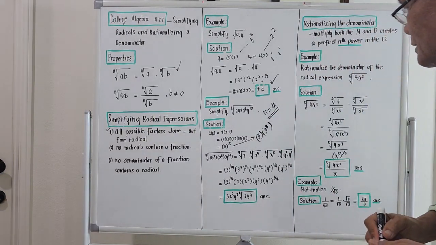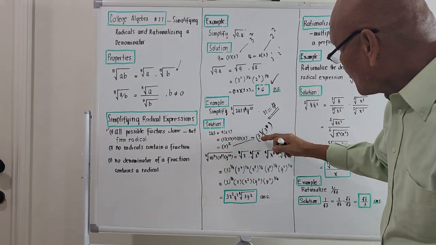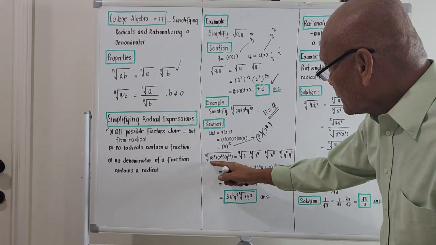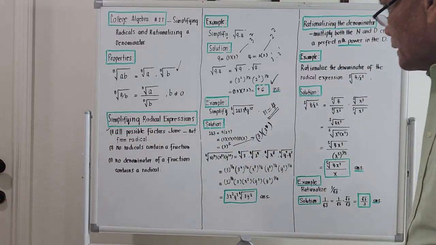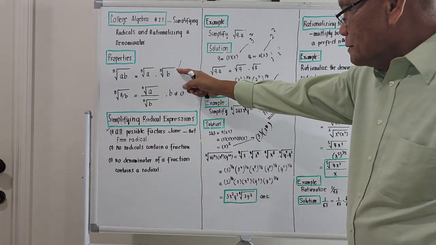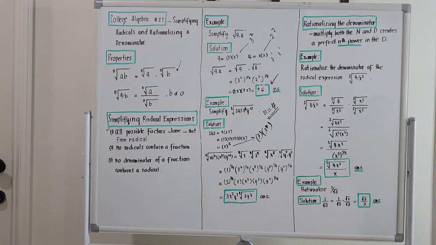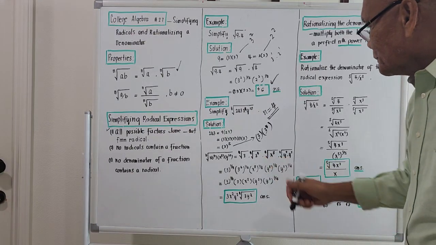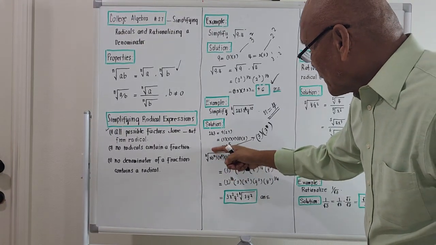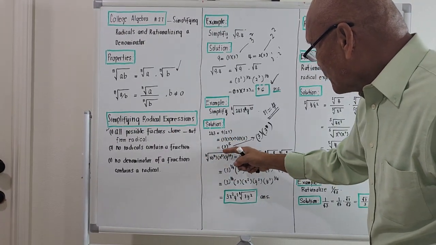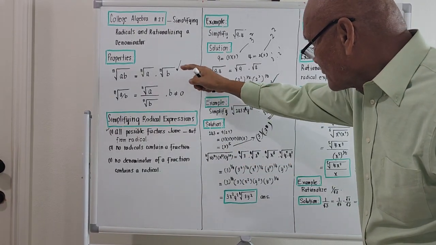So 243 is the product of 3 times 3 to the 4th, times x to the 8 times y to the 10th power. And by using property number 1, the operation inside is multiplication, so it should be the fourth root of the pure number 243 and the fourth root of x to the 8 times the fourth root of y to the 10. We are using property number 1.